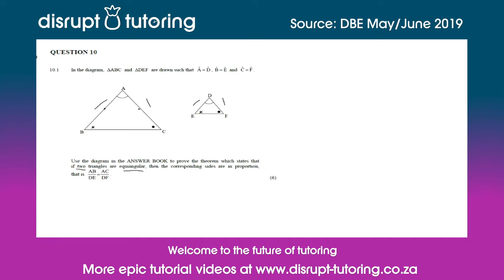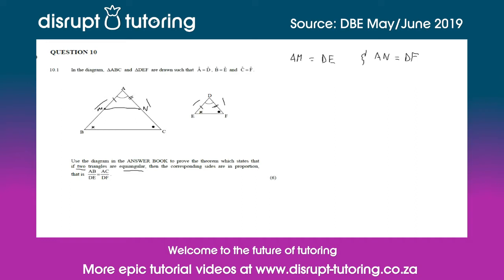Let's call these points M and N, such that AM is going to equal DE, and AN is going to equal DF. So this line and that line are going to be the same size, and this line and that line are going to be the same size.